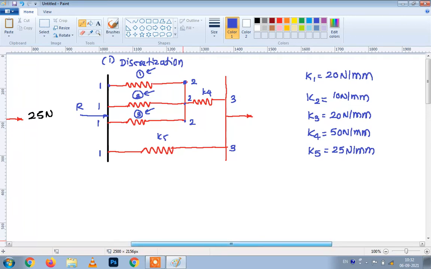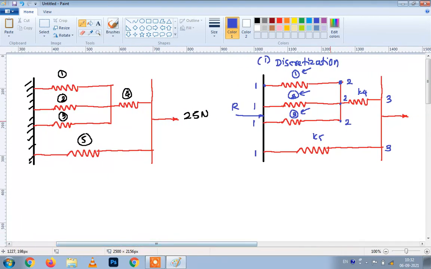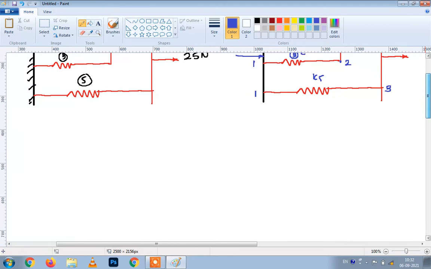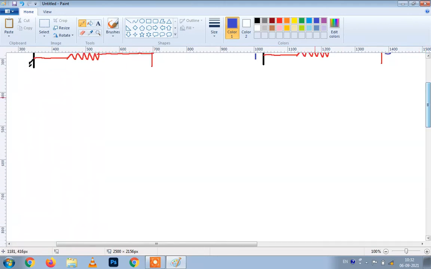Now after the discretization, the important step is to plot the element connectivity in a table form. So let's plot this table of element connectivity. This is a very important step because all the matrices that we are going to combine are based on this table. So here, element number.